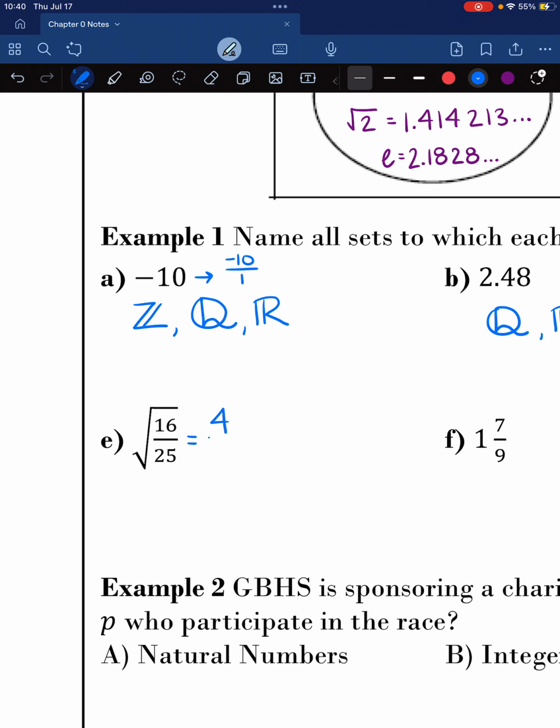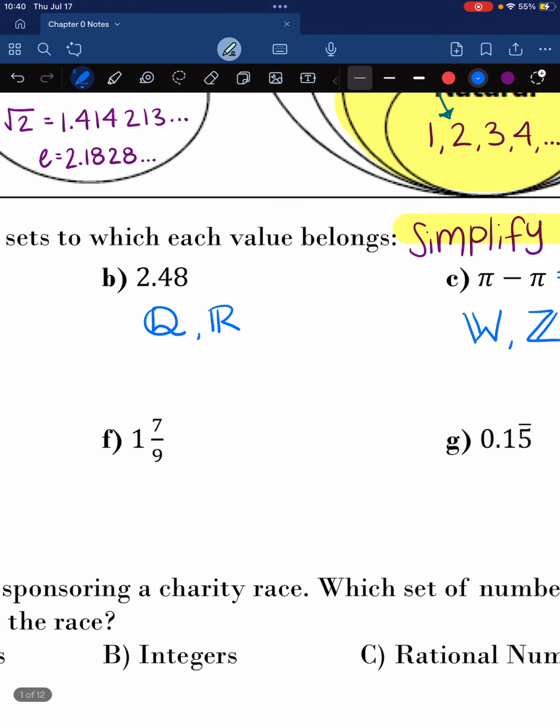I'm going to start going through a little more quickly, making sure that I simplify first. Here we have a rational and a real. So this one's interesting to note that even though it's a fraction, this is easy for me to classify. I know that this is a rational number and therefore also a real number.